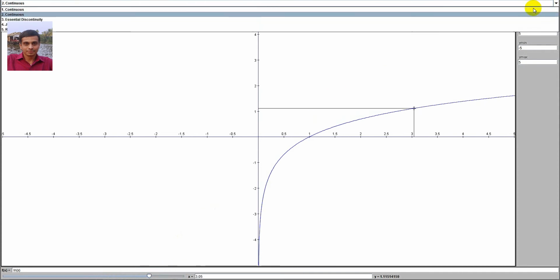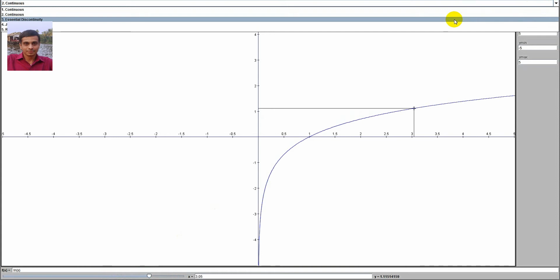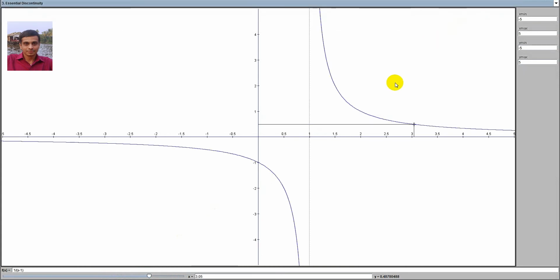Let us see another example, but this time we will see an example of discontinuity. So this is an example of essential discontinuity. Here these graphs represent the function 1 upon x minus 1.